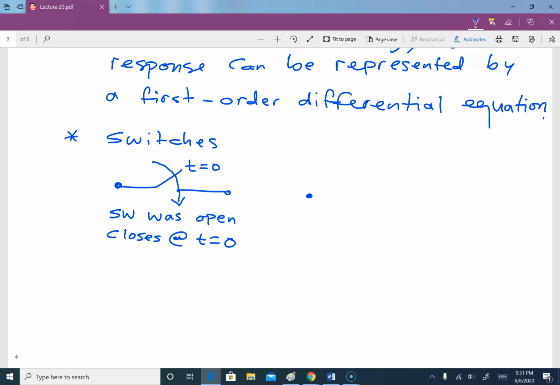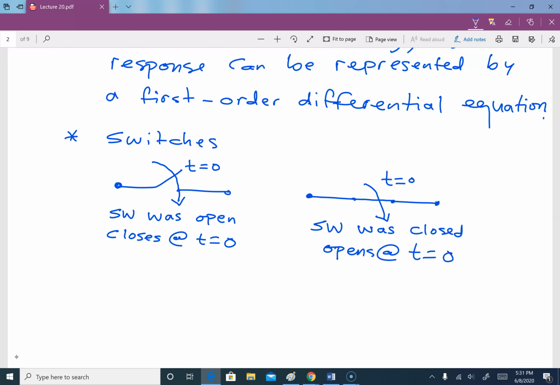If we have a switch like this, that means the switch was closed and opens at t equal to 0.